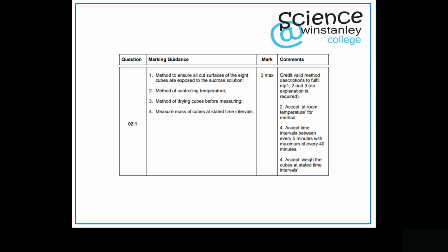Okay, so you can see what we're looking for. You look in the comment section. These are examples of things you could have said. So, for example, a method of controlling the temperature. You could have had the idea of keeping the room temperature the same. You've got to be specific, not just the temperature the same, but the room temperature the same. You could have done this in a water bath to keep the temperature the same.